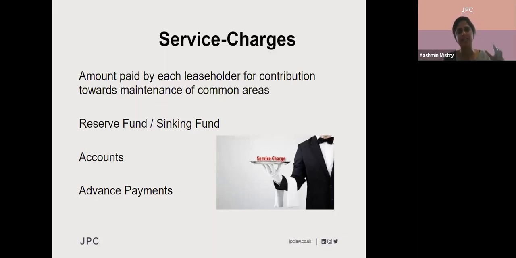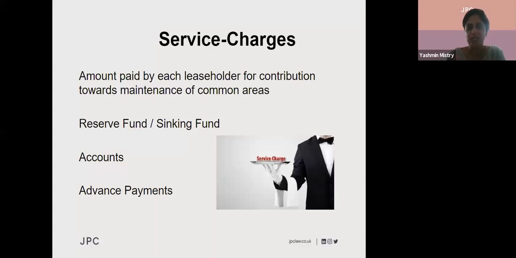Technically there's a difference, but in this kind of context they're both classed the same. It's a fund or a surplus of money that's collected in advance to ensure that things like lifts, buildings and roofs can be dealt with.